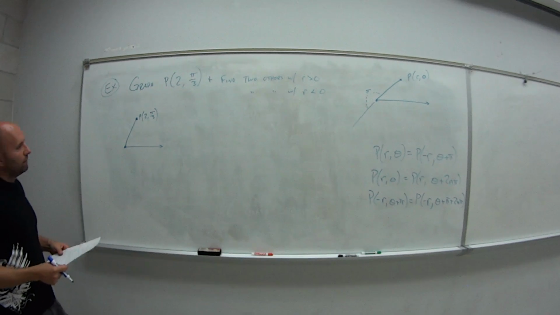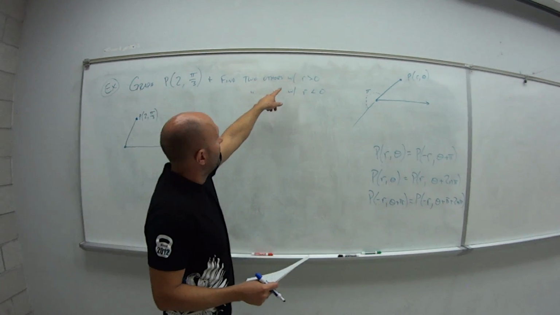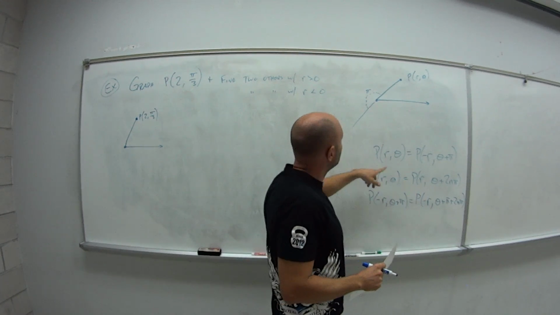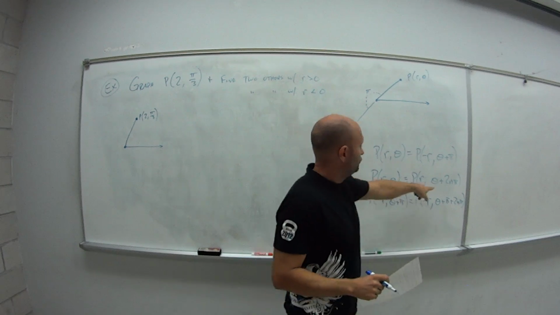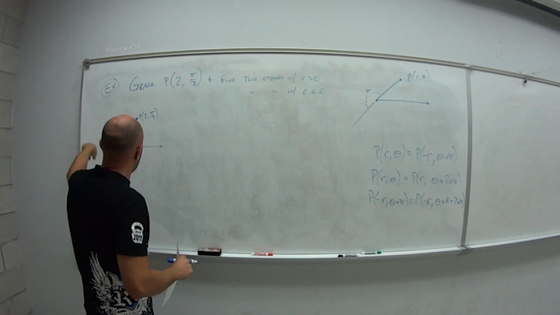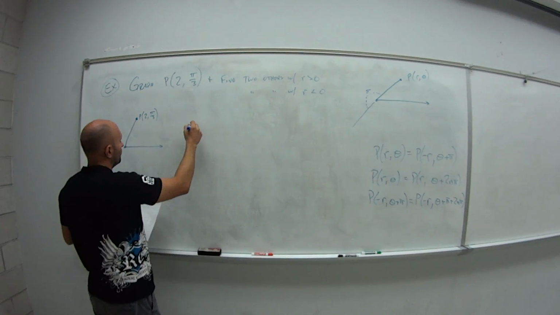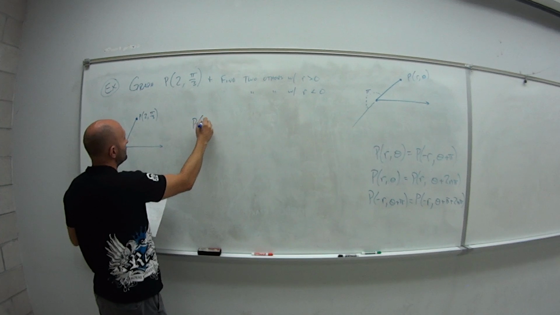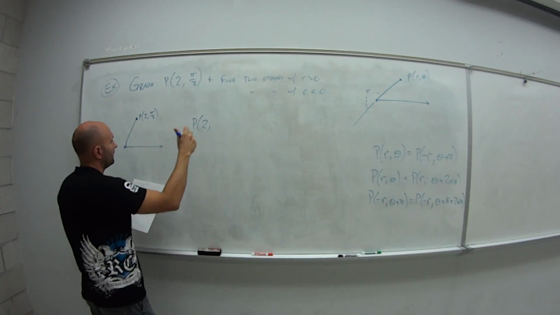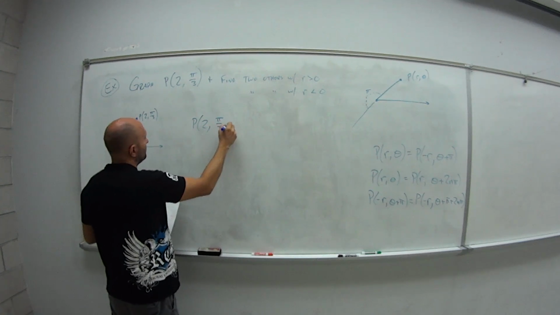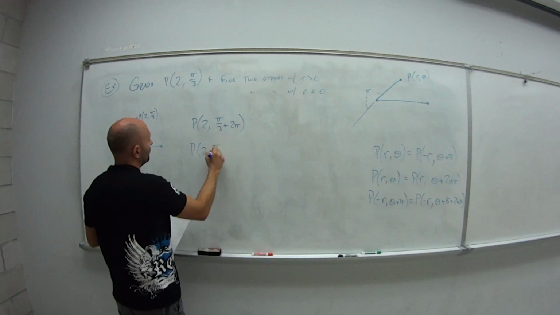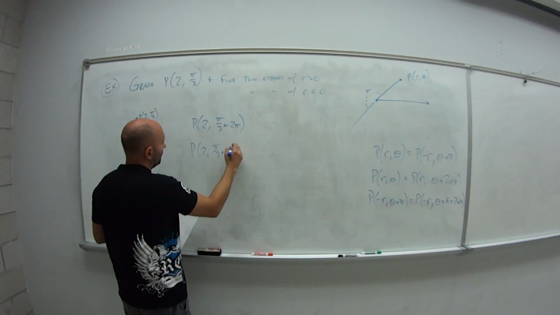So now, if we want 2 more with r greater than 0, what do we do? Well, we're just going to add 2n pi to each value of theta so that we get a full time around the circle. So first, P, our value of r stays the same, r is positive, and it's just pi over 3 plus 2 pi, and pi over 3 plus 4 pi.